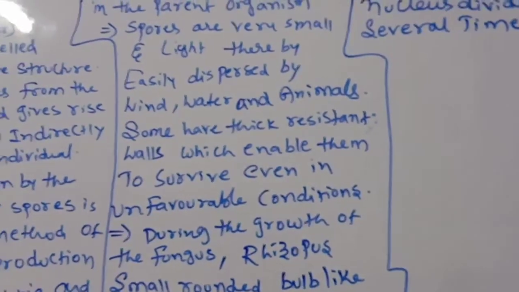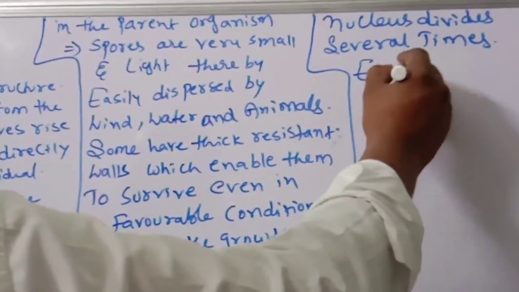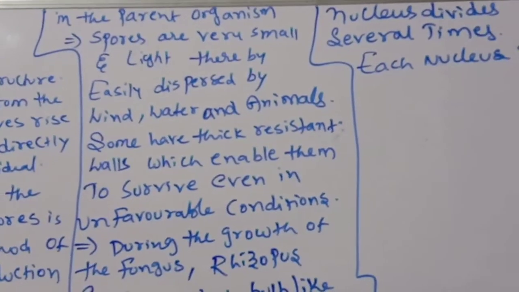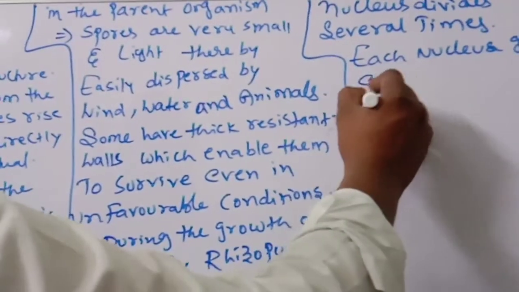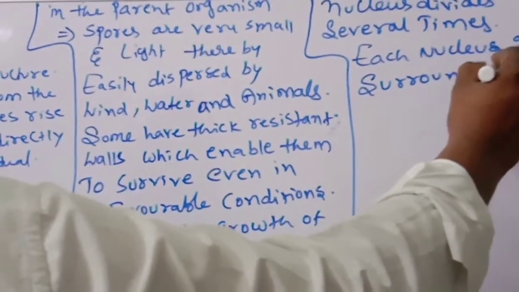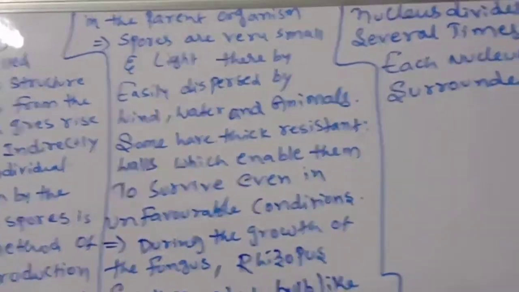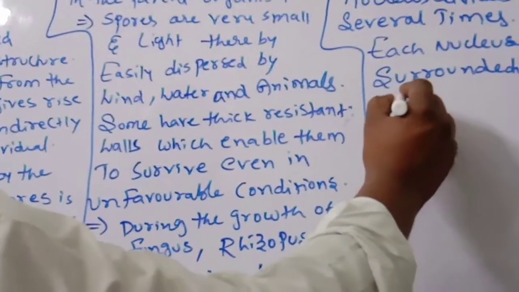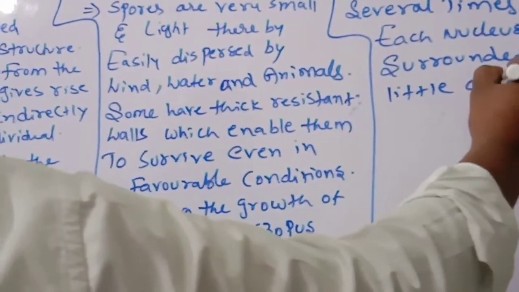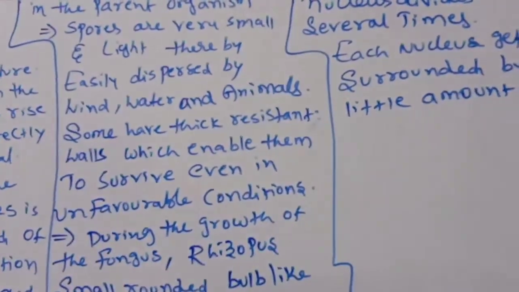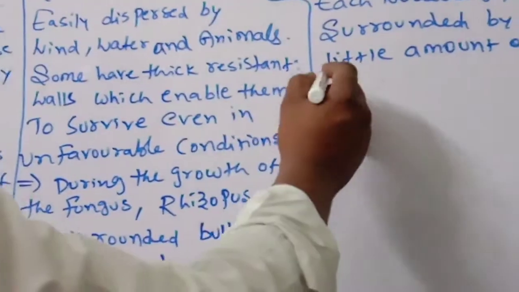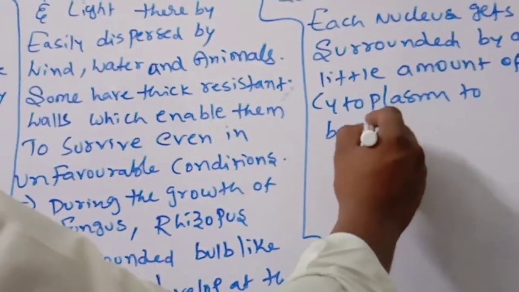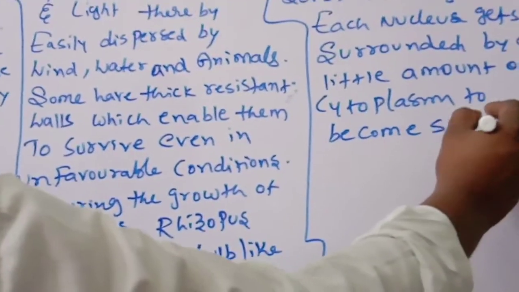Each nucleus gets surrounded by a small amount of cytoplasm to become a spore.